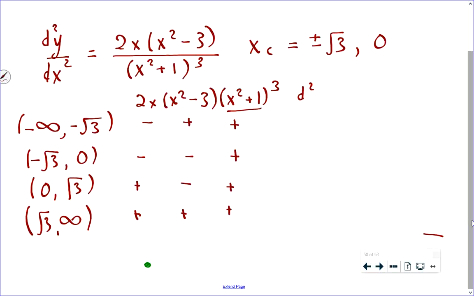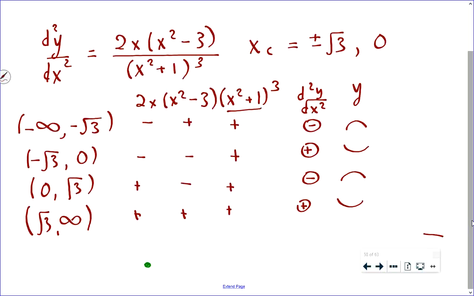So d2y dx squared is negative, positive, negative, positive. So y is concave down, concave up, concave down, concave up. It isn't that y is increasing, because it's the second derivative.